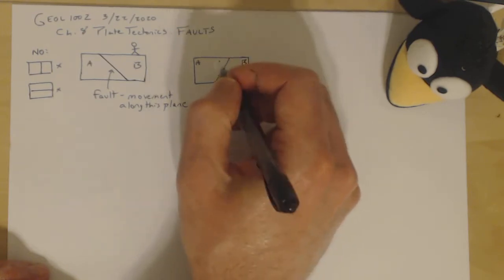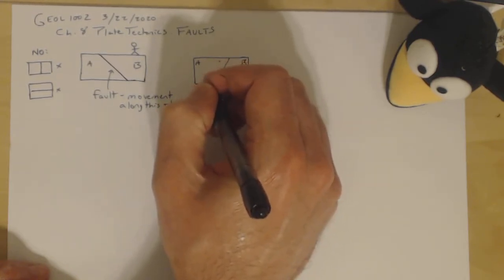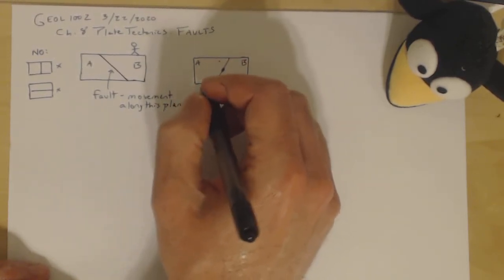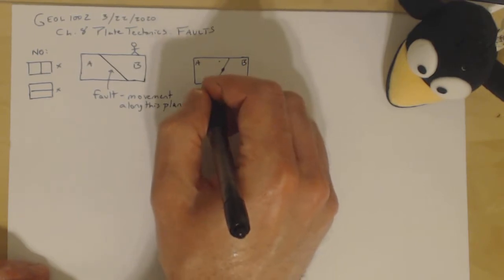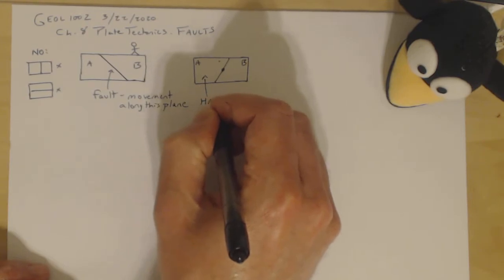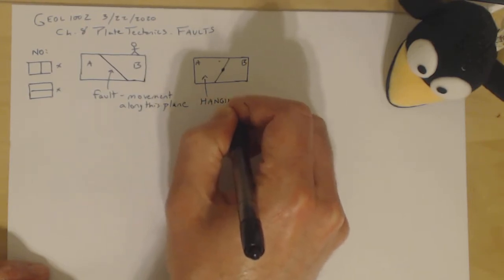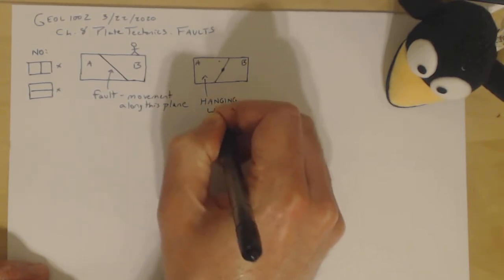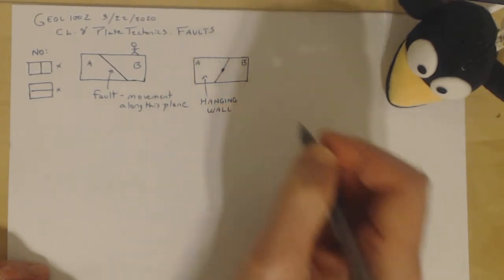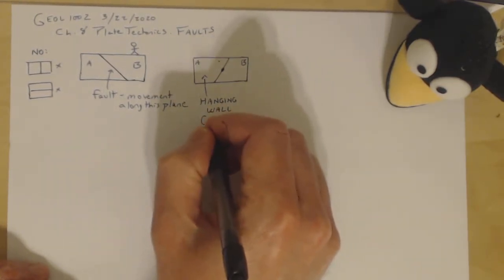So this block, because you go up from the fault, is called the hanging wall. And we can abbreviate that as HW.